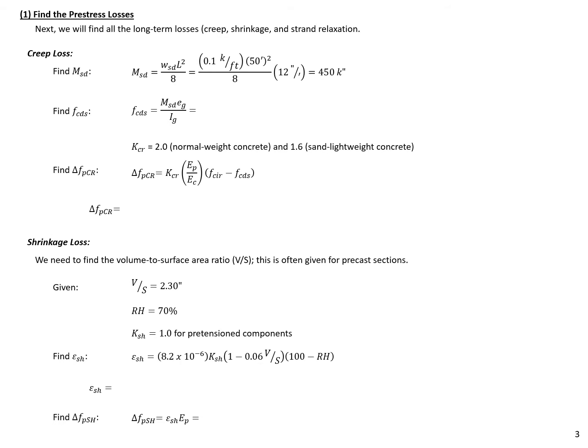Next, we can find our pre-stress loss due to creep. And to do this, we first need to calculate the moment due to all of our superimposed dead loads. So we have our moment there equal to 450 kip inches.